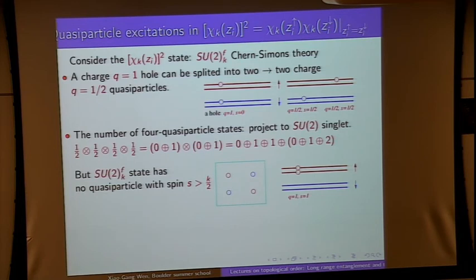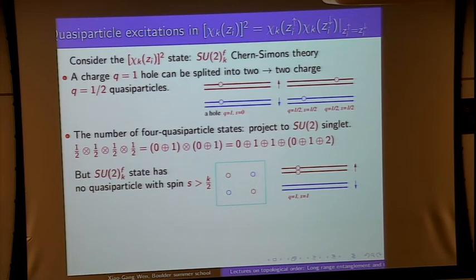So here is a picture for the charge one hole. Certainly this wave function is a bosonic wave function. So we ask the following question: we can remove one boson and create a hole.